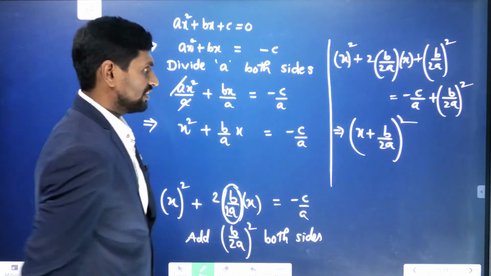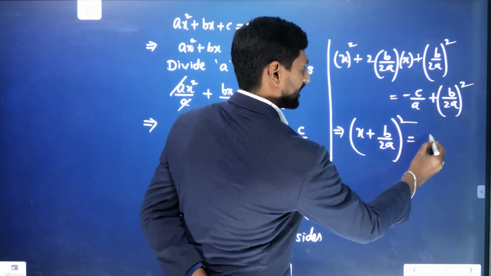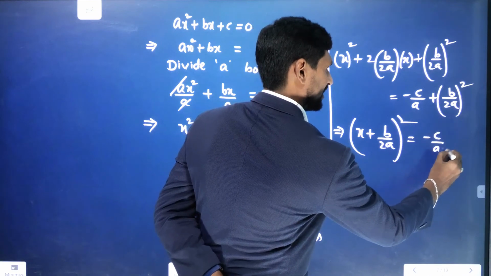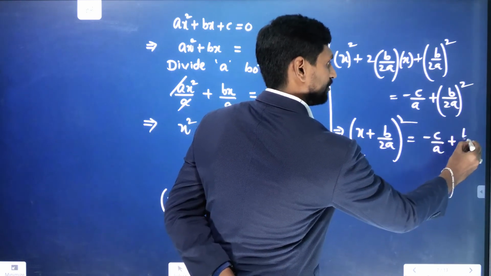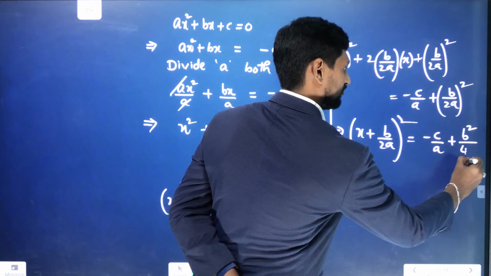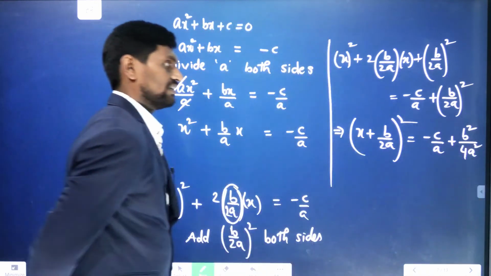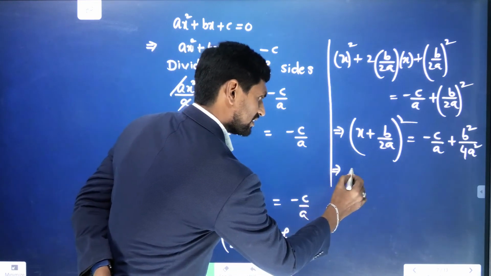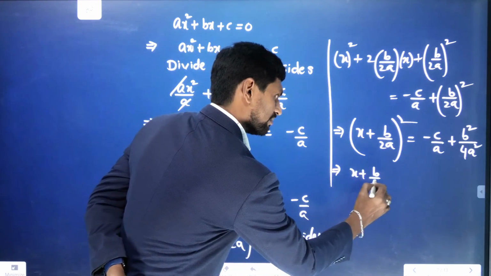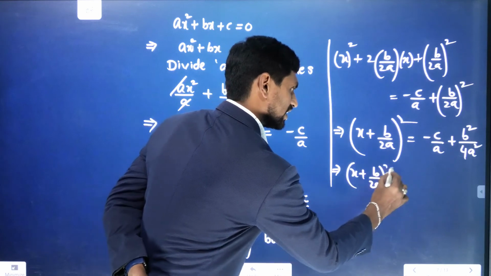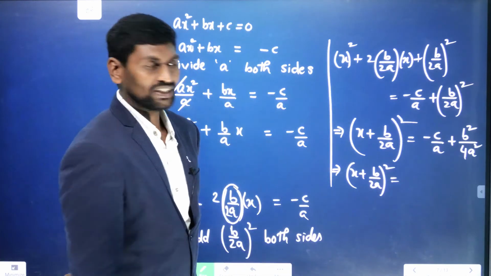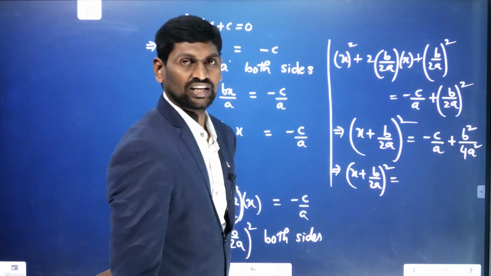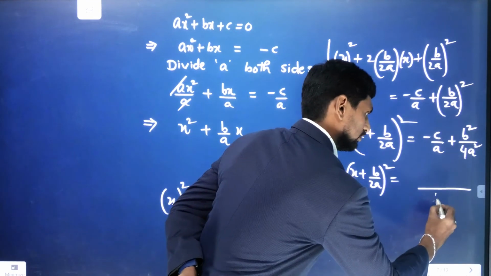Okay, na? That equals to, simplify this RHS part, minus c by a plus b by 2a whole square means b square by 4a square. That implies x plus b by 2a whole square equal to, now what is the LCM of 4a square and a? 4a square only.